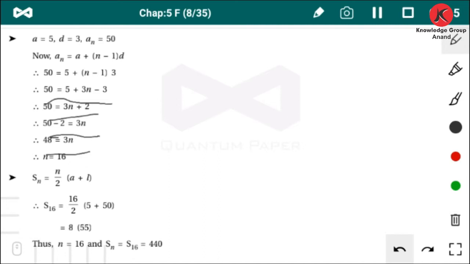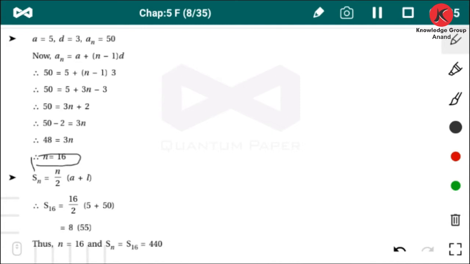In the last step we found n = 16. Now find Sn. Sn = n/2 (a + l).